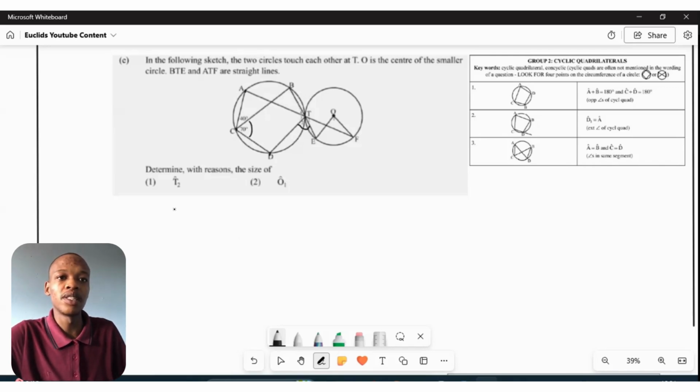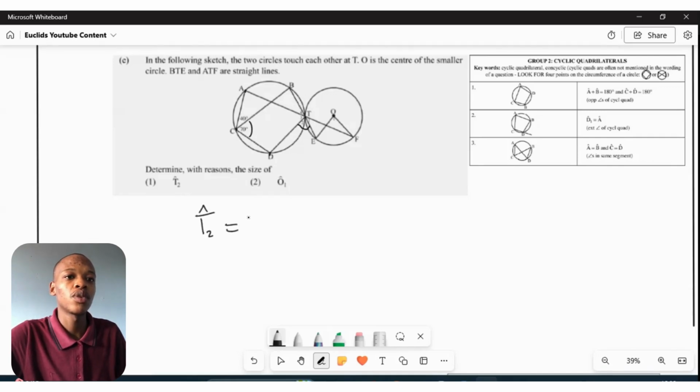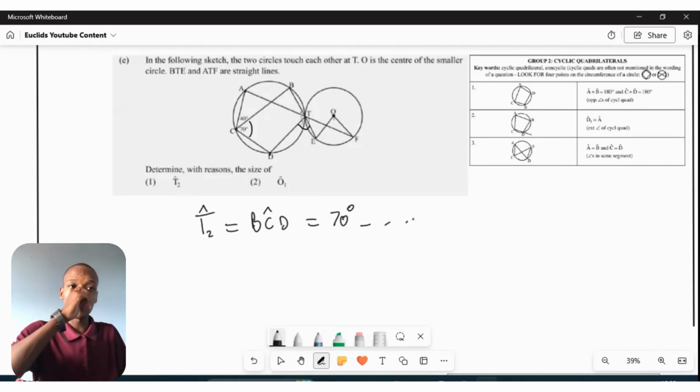Fine. So angle T2 is equal to angle BCD, let me name it properly, angle BCD, which is equal to 70 degrees.